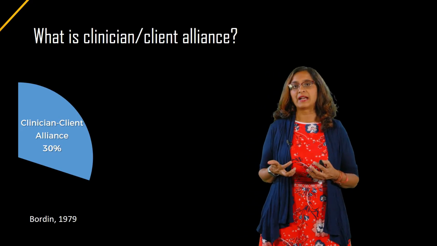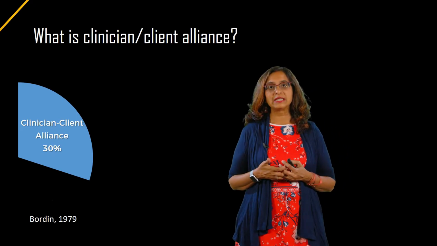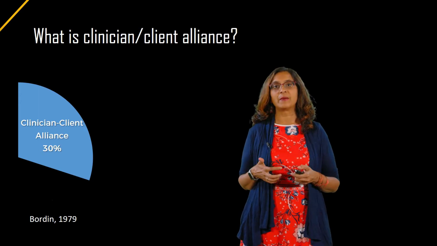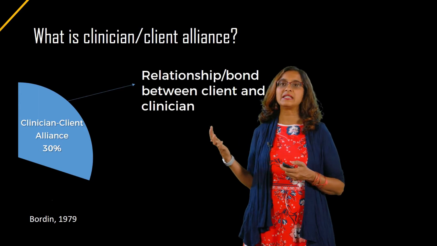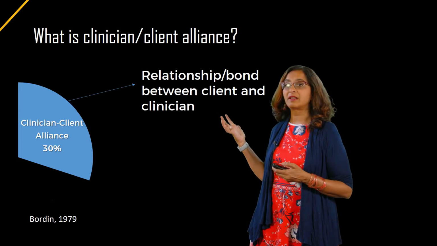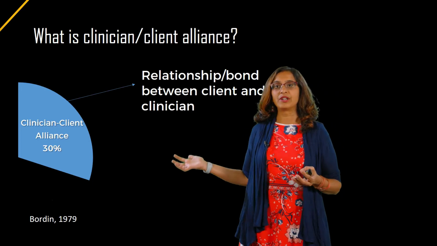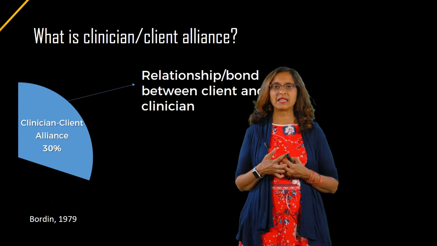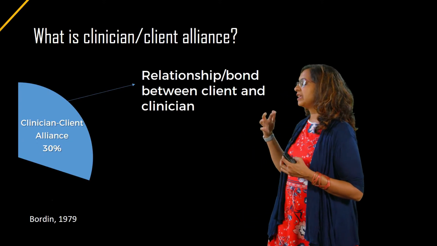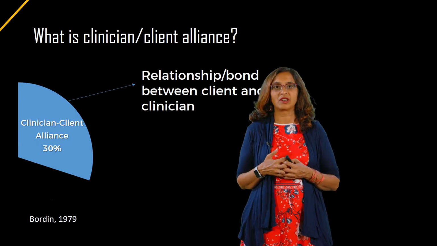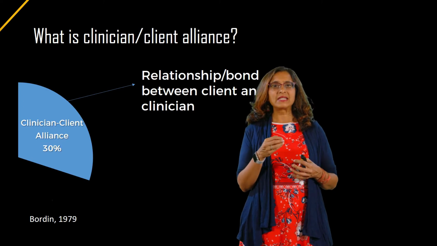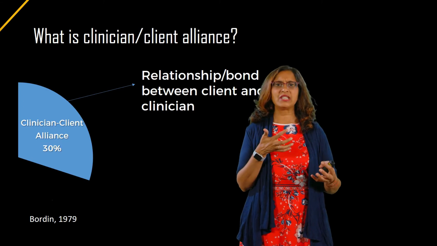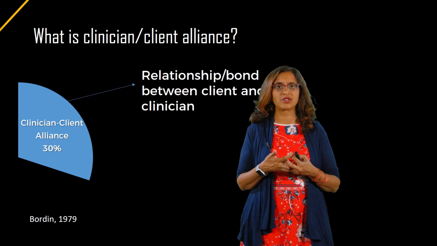So what is Clinician-Client Alliance? In a survey that I did recently as part of an honors thesis, most people responded by saying Clinician-Client Alliance is the relationship between the client and the clinician. And that is right. Borden defined Clinician-Client Alliance in 1979, and a big part of it is that relationship between a clinician and a client. This is something that seems harder to teach. How do you teach a student to develop this relationship or a bond?